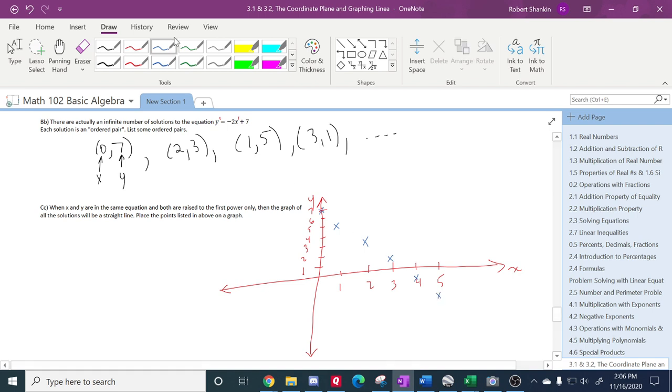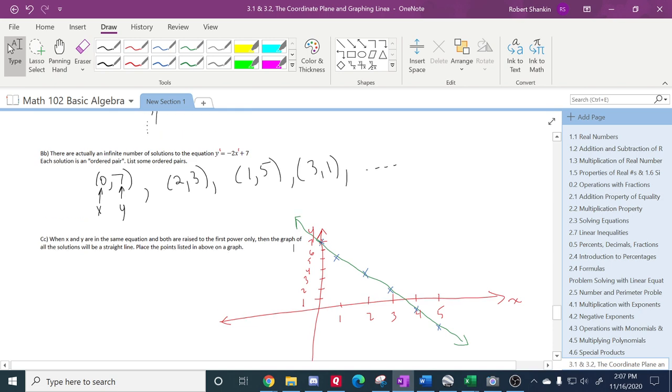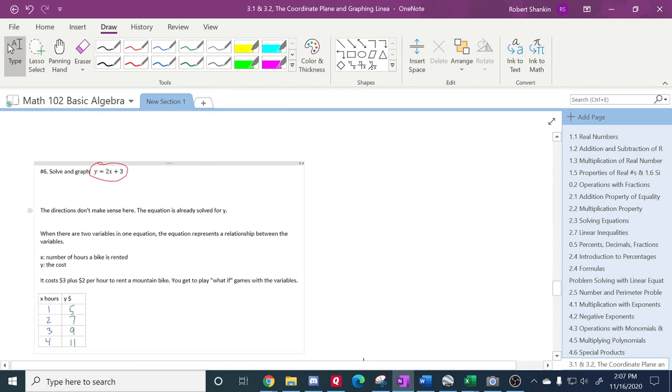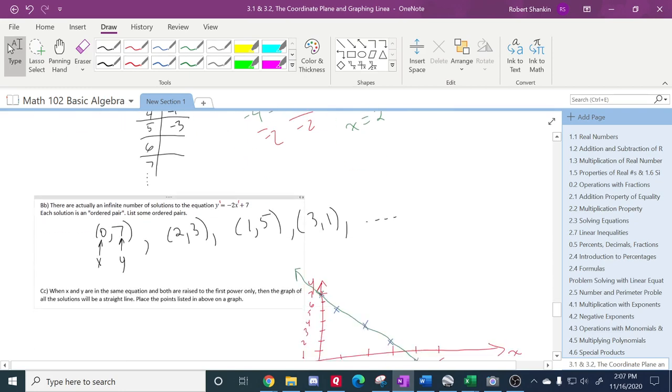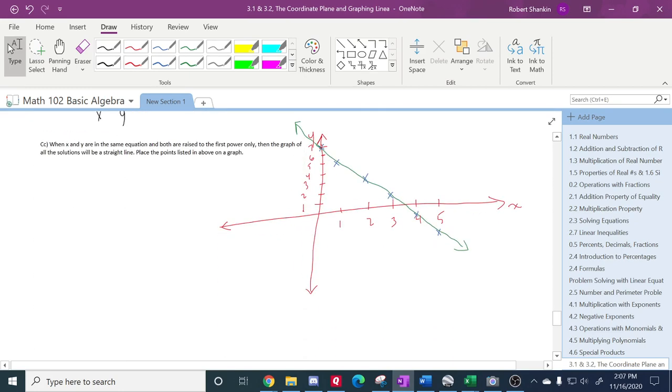So we can see that it appears that they all line up on the straight line. Okay. And the straight line thing could be really handy for somebody to visualize, like, this cost of a bike. You know, look, going this many hours is going to cost this much money. All right. Any questions so far?